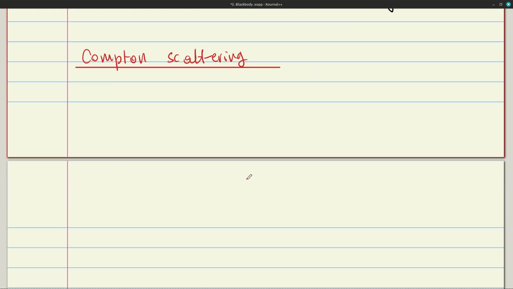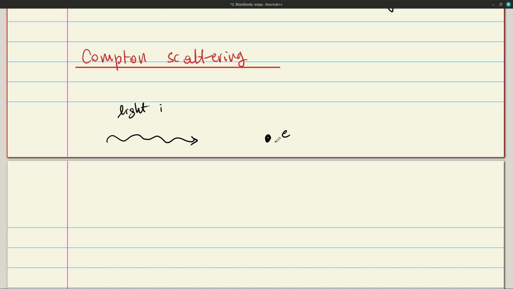This time the experiment is something like this. I have incoming radiation, this is light in. There is a standing electron, here E. Normally, if light is a wave, it should just pass through, right? It's not like billiard balls colliding, not waves.